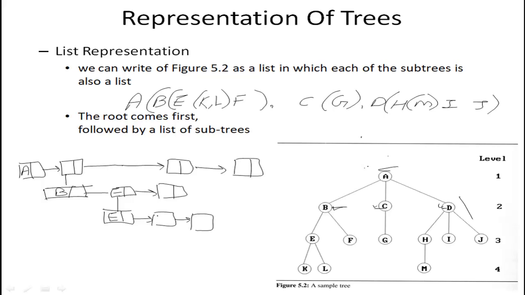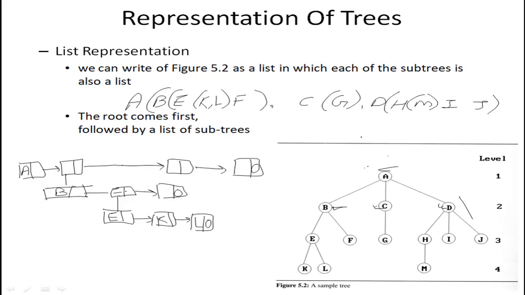Instead, as K and L are leaf nodes, I just write them here itself. Thus this list is ending here. To mark the end or null, I will just write a 0 over here. This list also ends over here, so I will write a 0 here. This also ends here, so I write a 0 over there.